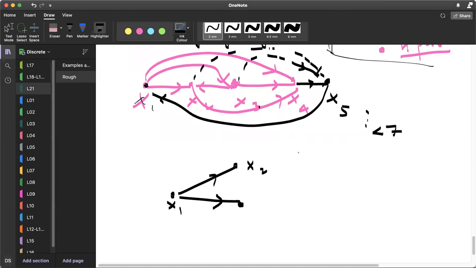In this graph, I know that the out degree, let's denote it by d plus, of each node is equal to 3. Okay, which means that the total number of outgoing edges is 3 times the number of nodes, which is 51. That's the total number of outgoing edges. How many incoming edges do we have?